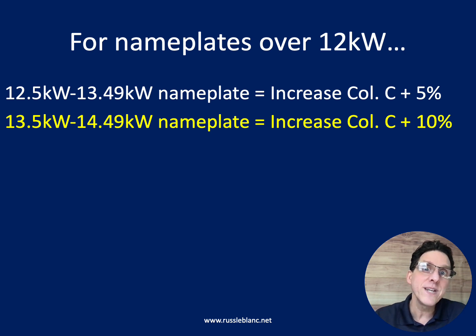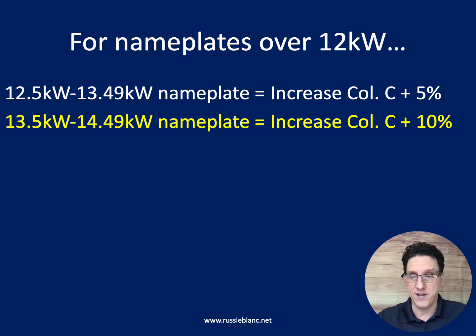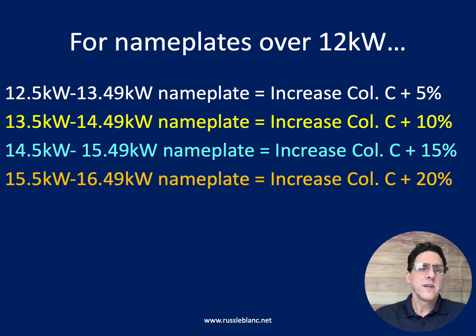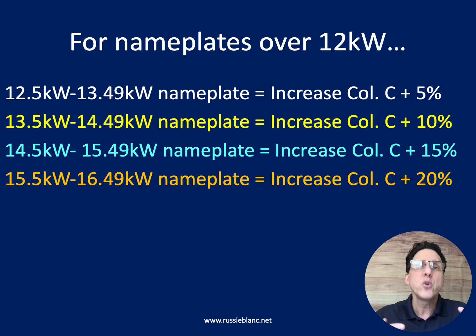For nameplates 13.5 to 14.49, you have to increase column C by 10%. For nameplates 14.5 all the way up to 15.49, column C is increased 15%. And for nameplates 15.5 all the way up to 16.49, you have to increase column C 20%.